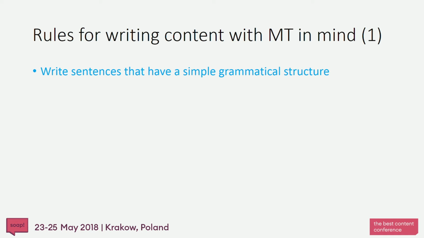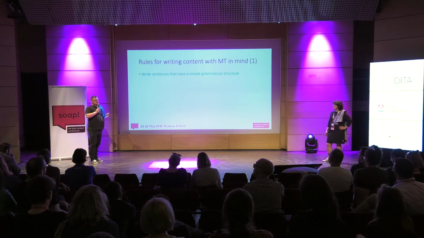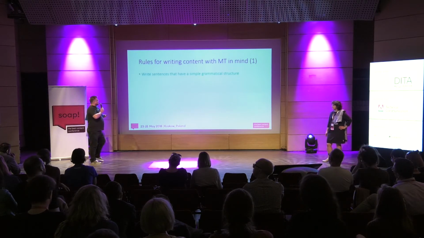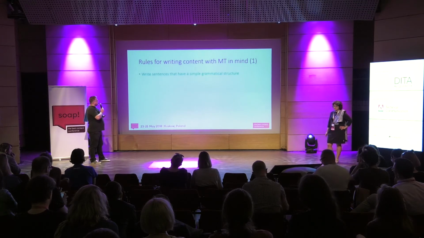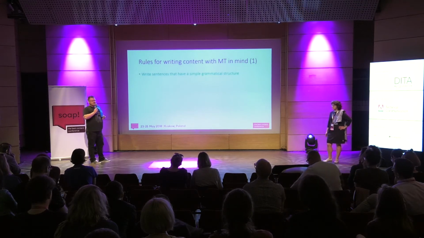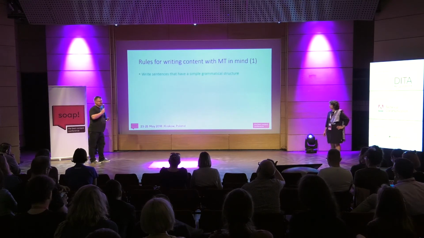And to be able to get these 1,000 words per hour, you need content that will work well with MT. And to work well with MT, this content has to be written in a little bit different way. You know, the natural language probably will not work that well. So there are some rules, and we just compiled some of these rules, and we also have examples of what can happen if you don't follow these rules, and this is the fun part of the presentation.